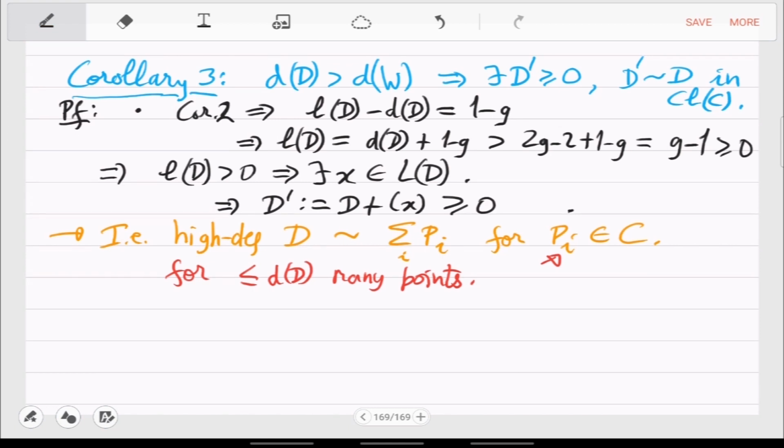So it's all fast. Yeah, so every divisor has a small positive representation. This sigma P_i is the positive representation.